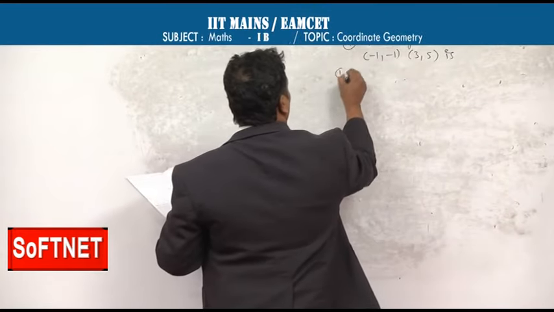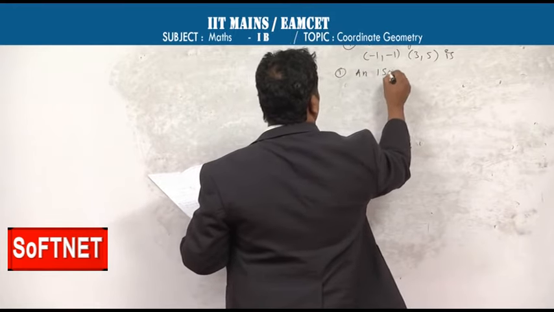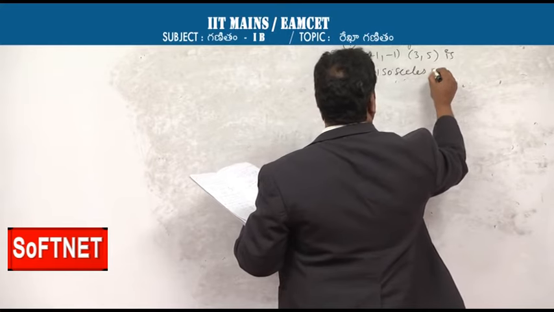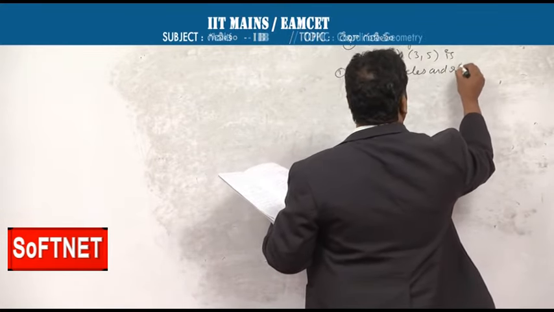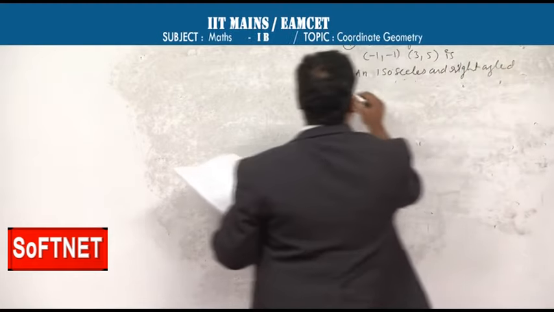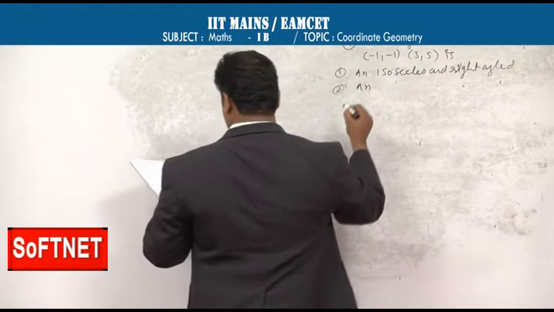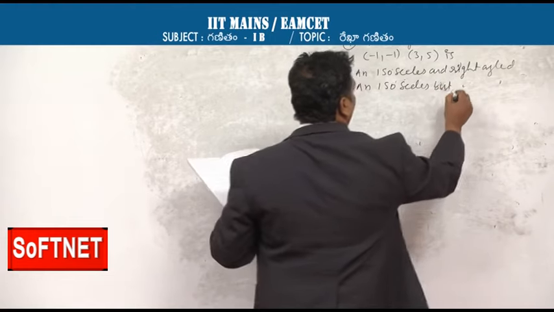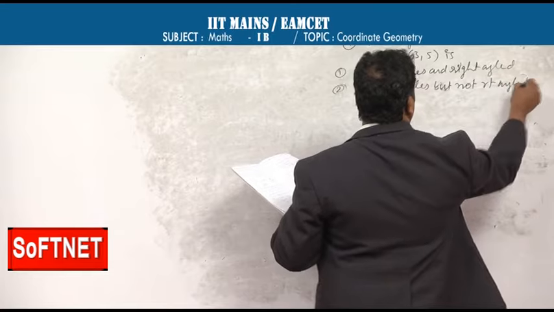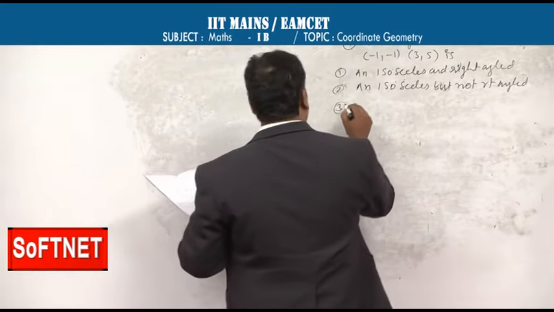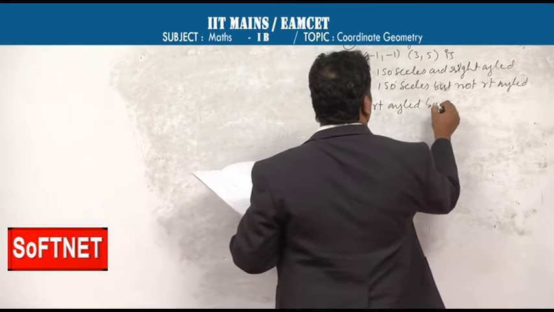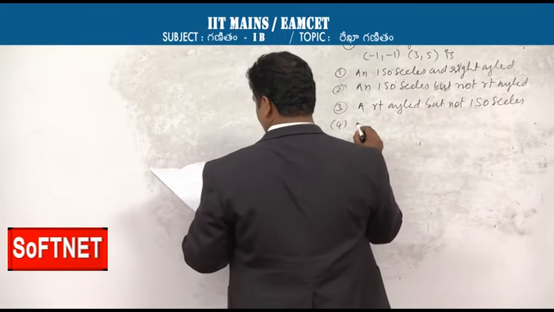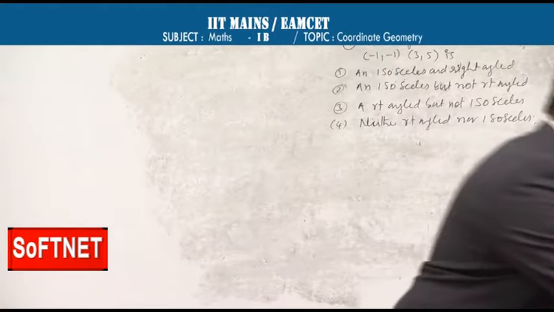The options are: first, isosceles and right angled; second, isosceles but not right angled; third, right angled but not isosceles; and fourth, neither right angled nor isosceles.